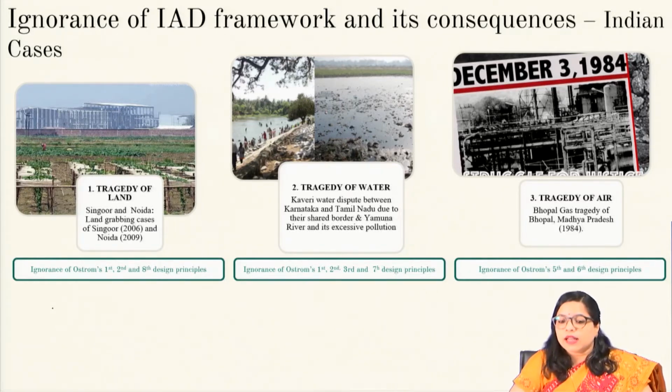Even today, the settlement cases are still on. Also violating the seventh rule that discusses the low cost means of dispute resolution, all of these examples highlight the necessity of a strict revision of the processes of governance of the commons.